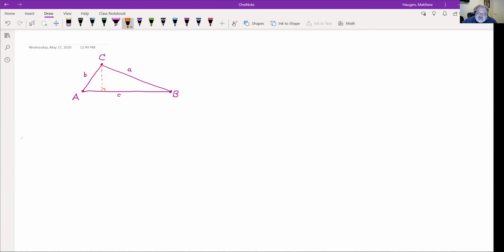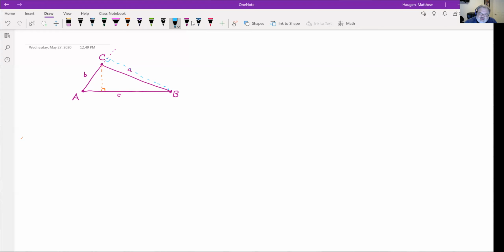Now, I've done that specifically with angle C, but certainly we could have done that with any of the other vertices. Even if this isn't a nice 90-degree angle, if we could imagine extending that line, then we could just as nicely drop an altitude from B down to the extension of that side where it's 90 degrees, wherever that 90 degrees happens to be.